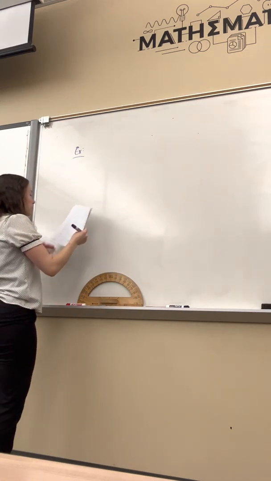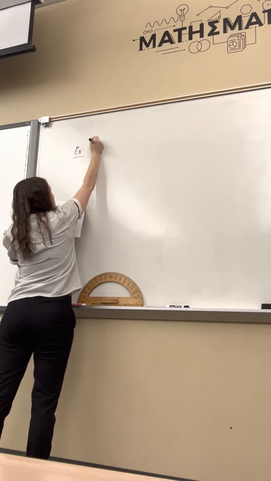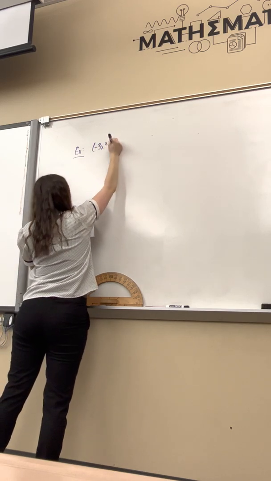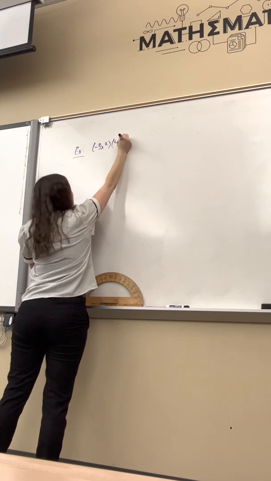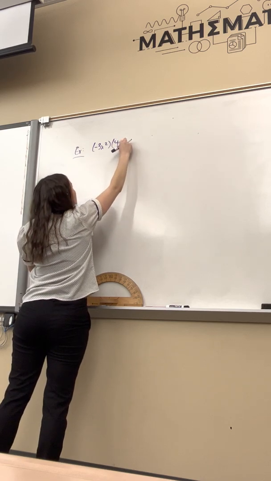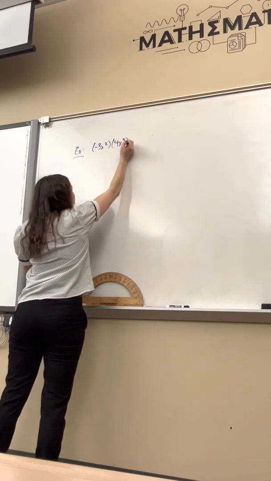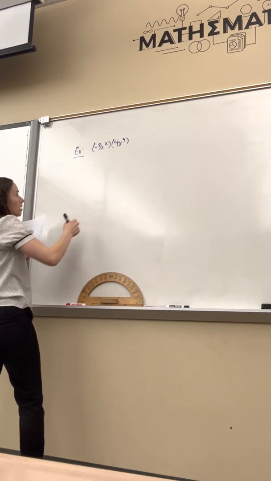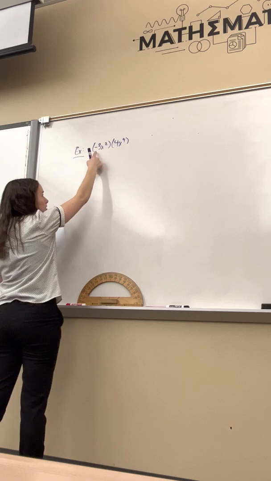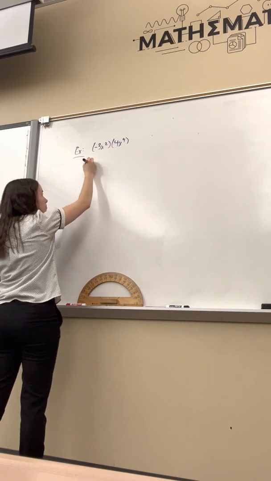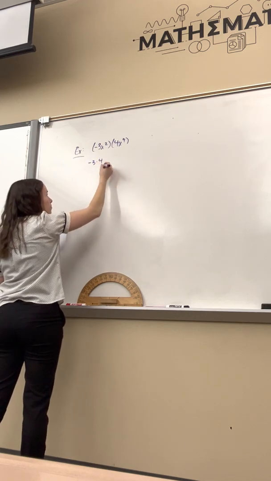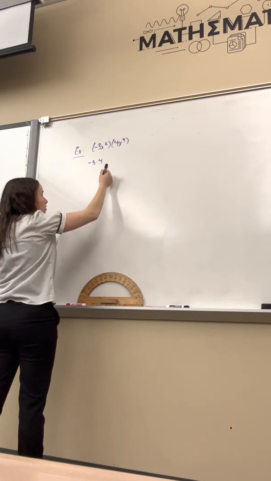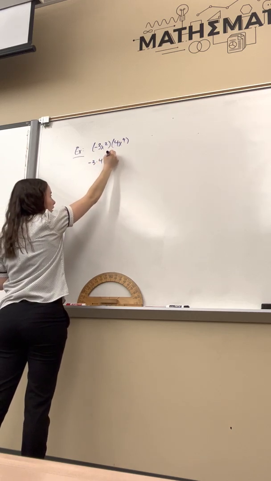Okay, the first example is going to be, we want to find an expression equivalent to this. So that is negative 3x squared times 4x to the 4th power. The first thing we're going to do is take negative 3 times 4. And then we're also going to take x squared times x to the 4th, which is x to the 2 plus 4.